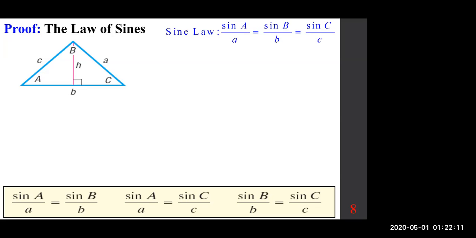So in any event, let's look at an oblique triangle ABC, and let's drop a perpendicular, which becomes the height. Everybody can see the height in red, okay?